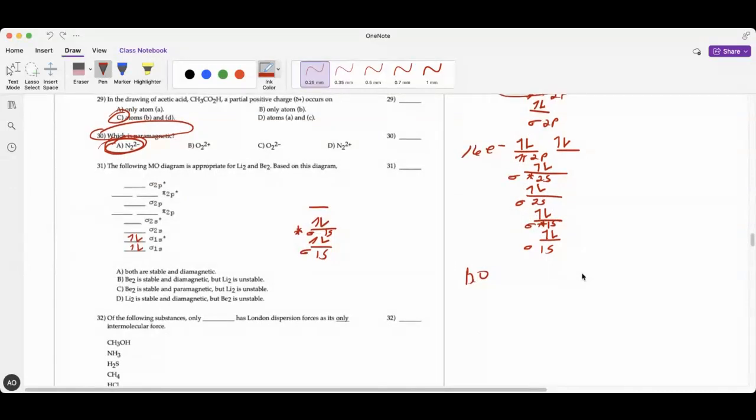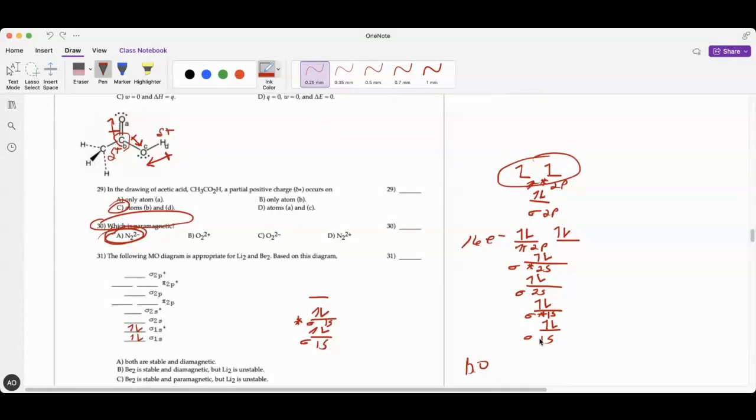Yeah, first we fill the sigma 1s. Remember, when we combine these atomic orbitals, we're going to have a bonding and an anti-bonding molecular orbital. So here the sigma 1s is lower in energy than the sigma star 1s.